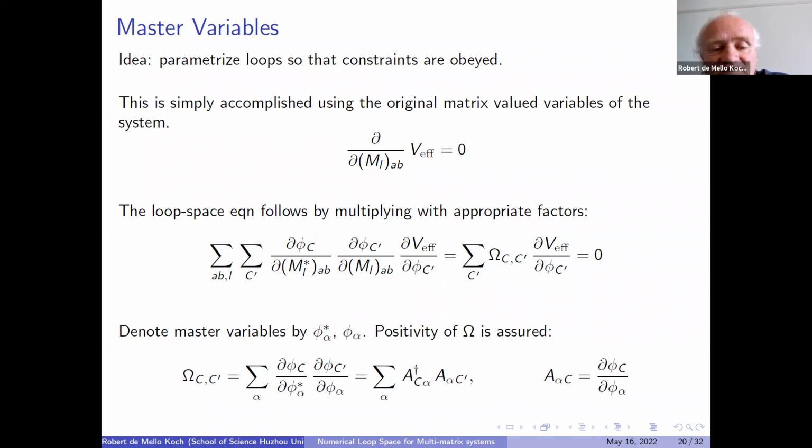So if we denote the master variables from now on, instead of M1 AB and M2 AB, I'm just going to call them phi alpha and phi alpha star. Positivity of omega is assured, and this is basically the argument that I showed you already, that omega is positive definite. So finding the minimum with respect to these matrix elements will guarantee that we find a minimum and that the constraints are obeyed.